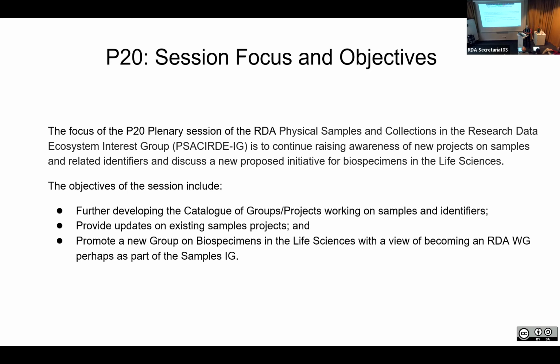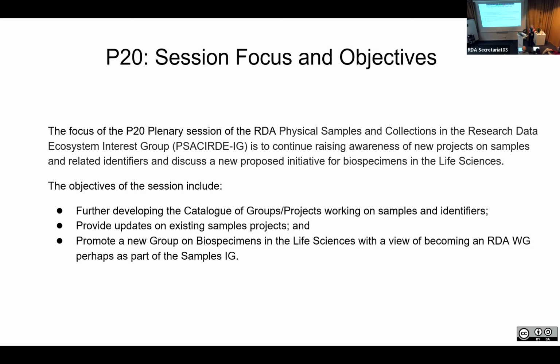So what we want to do today is talk a little bit about this catalog of groups and projects that deal with very different aspects of the physical samples in the digital data ecosystem, be it identifiers, be it metadata, and so on. We're really trying to establish just awareness of what's going on in the community.